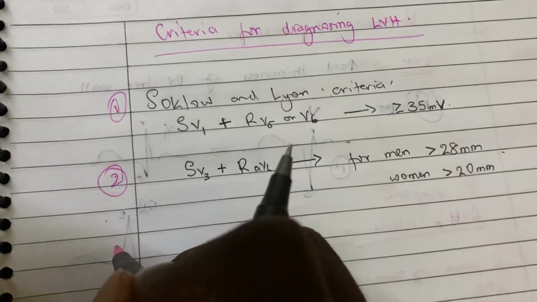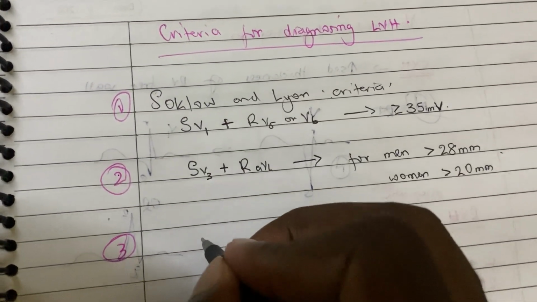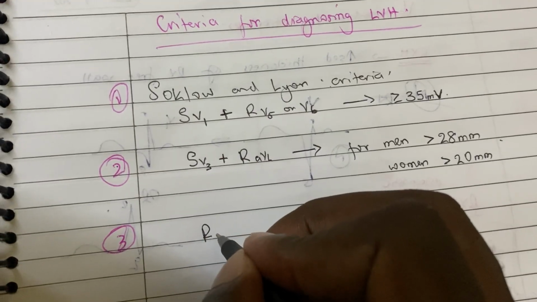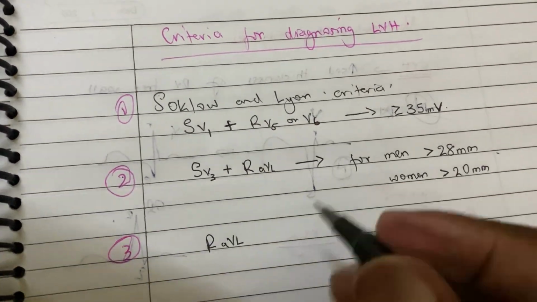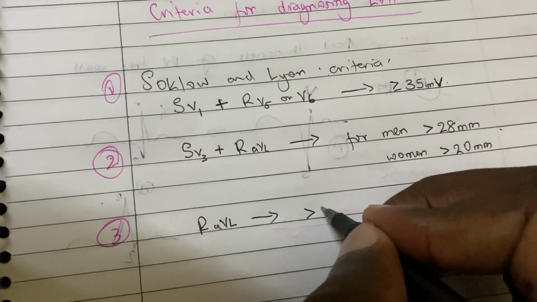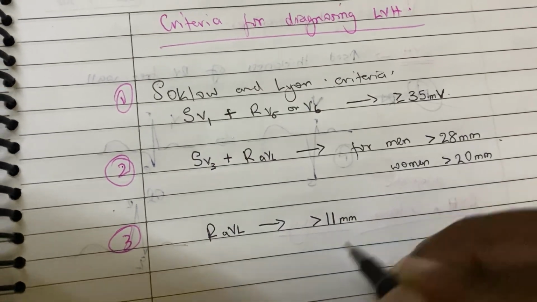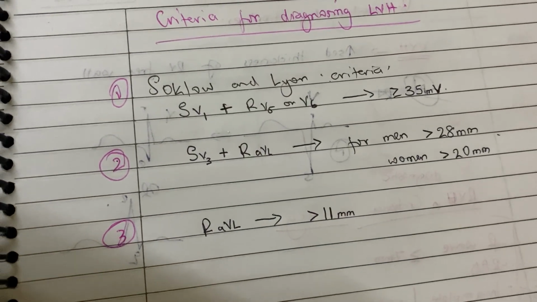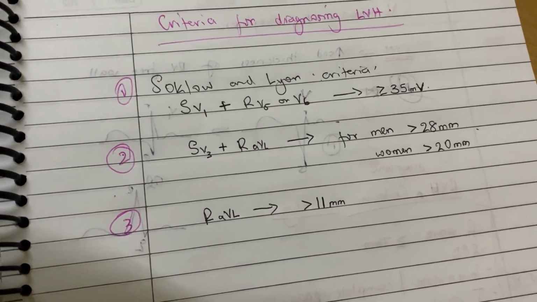The third one, these are many: R wave in aVL exceeding 11 millimeters. It is LVH.